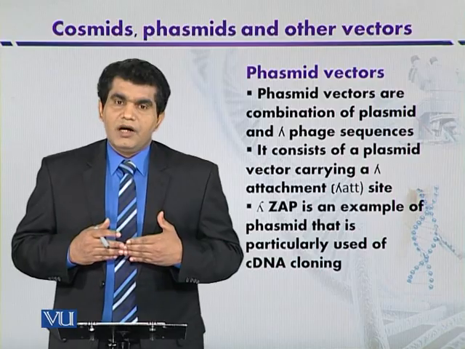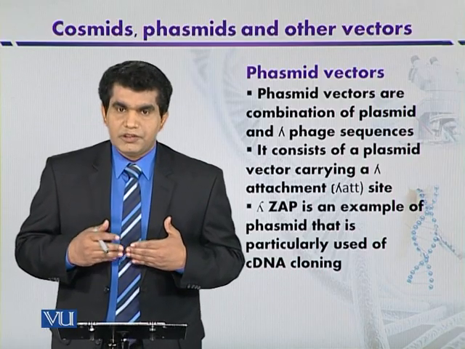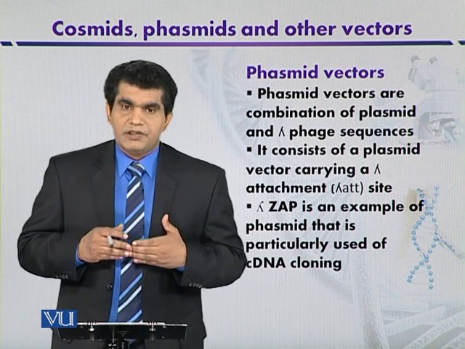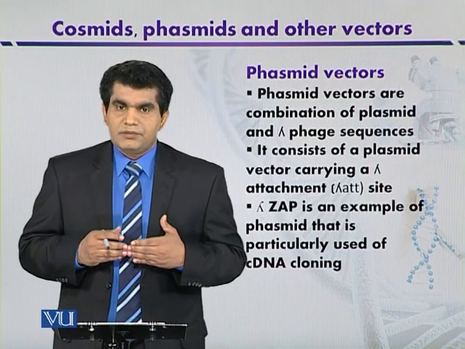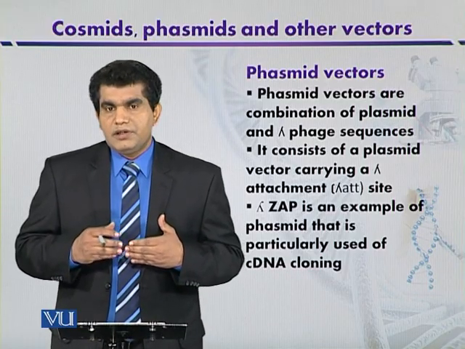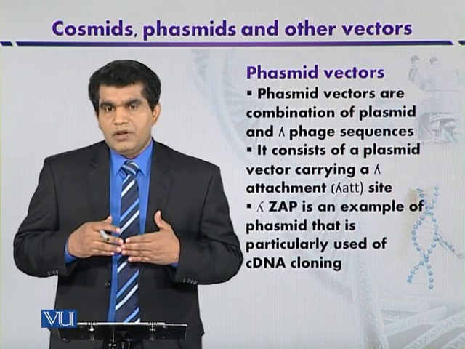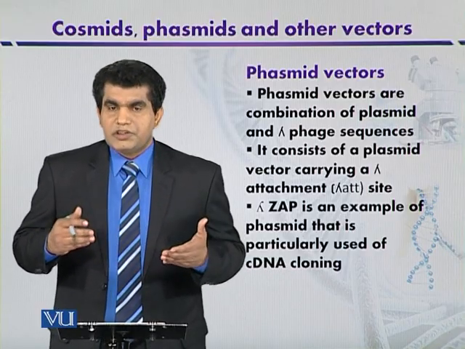Phasmids are very important in the cloning procedure because they have certain advantages over other lambda vectors. Here the DNA in the form of artificial recombinant DNA is more stable.